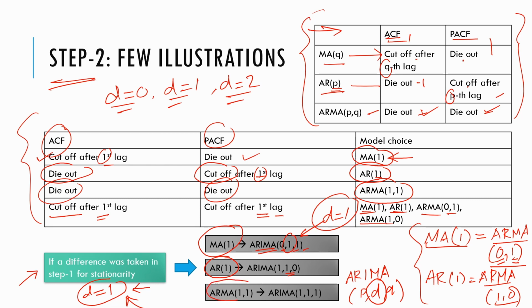And if it is ARMA 11, then it will be ARIMA 111, like that. So the point I was trying to make here is, if you have taken the difference in step 1, please note that you have to convert the MA1, AR1, or say MA(q), AR(p), or ARMA(p,q) models to ARIMA. You cannot take the ARMA models or AR model or MA models if you have taken the difference.